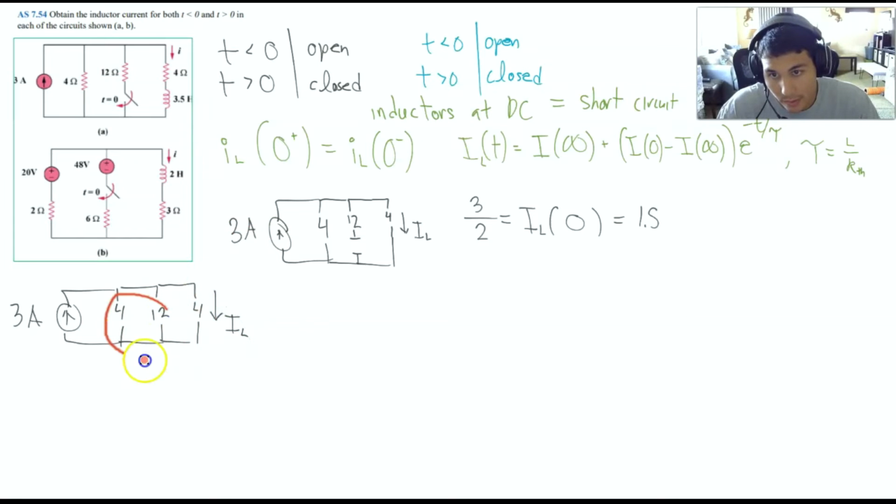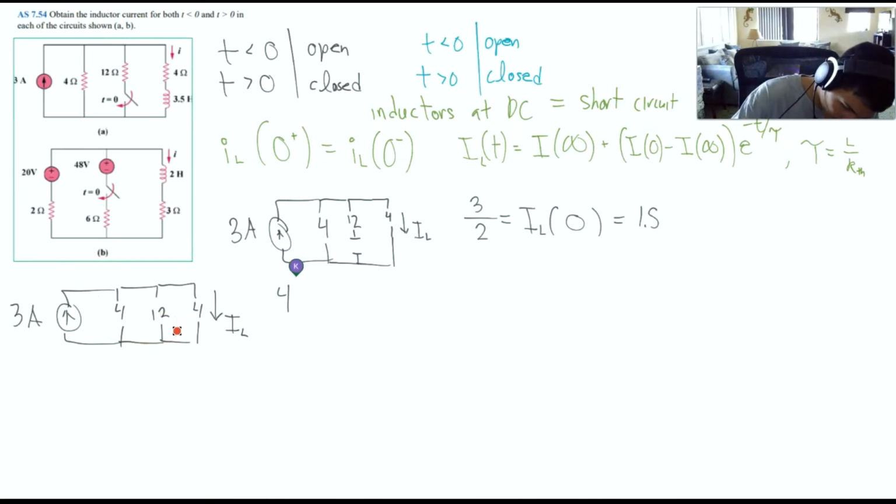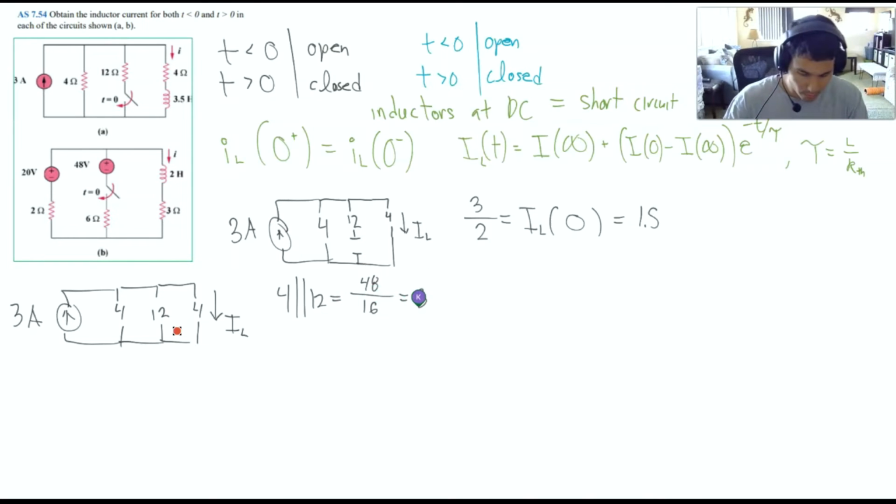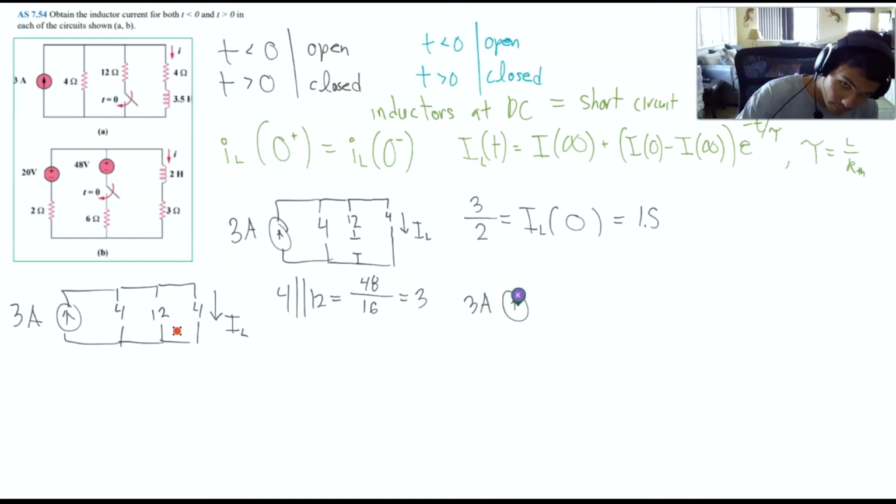We don't really care what these two currents are, so we could combine these two. So if we combine these two, 4 in parallel with 12, that's going to be 48 divided by what? 16, which is 3. So we could redraw the circuit as 3 amps and 3 ohms in parallel with this 4 ohms, and IL comes down here.